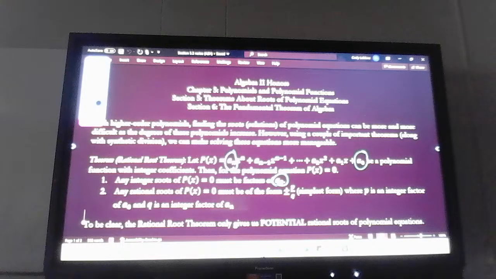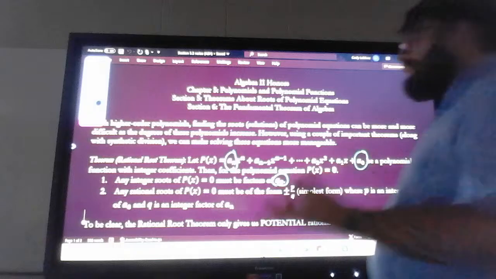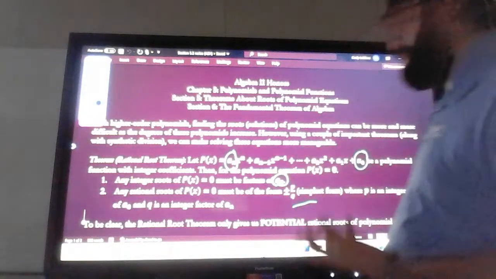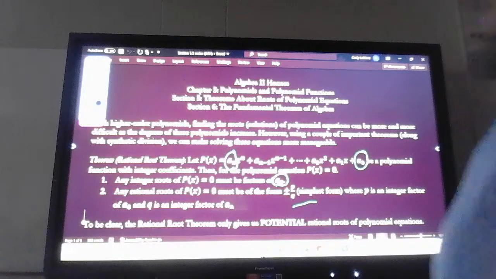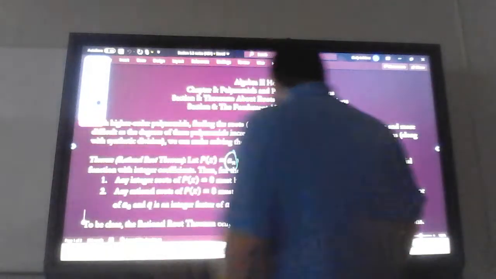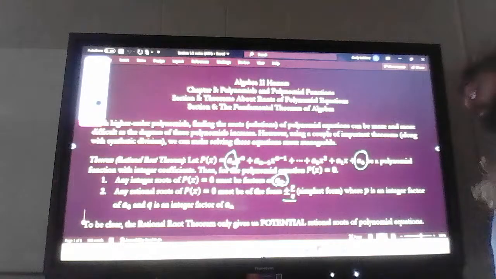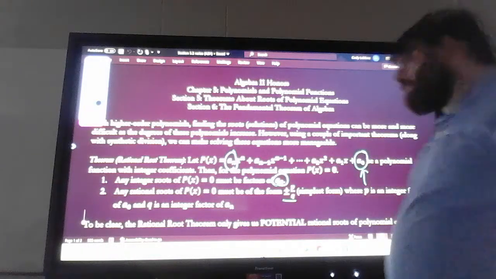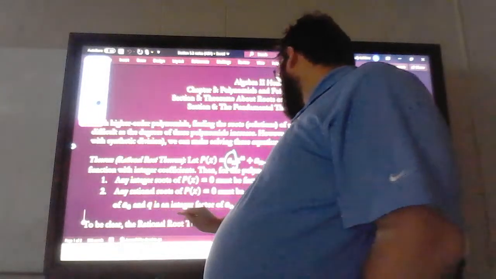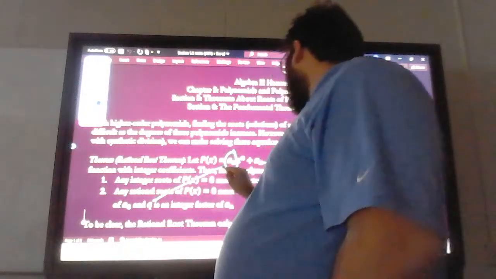Okay. On the other side of that, if they're not integer roots, if they're not whole number solutions, but they are still rational solutions, any rational solution is going to be in this form right here, plus or minus P over Q, and that's in simplest form, where P is a factor of your constant term, and Q is a factor of your leading coefficient.